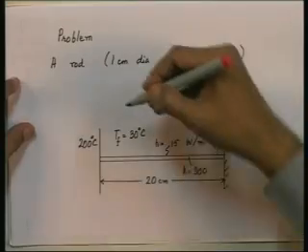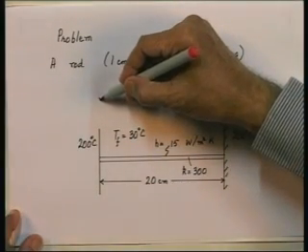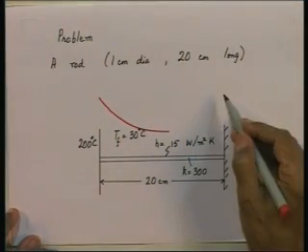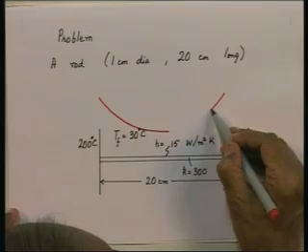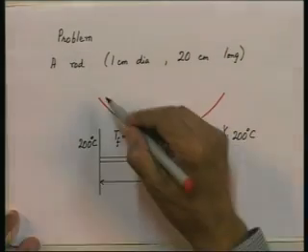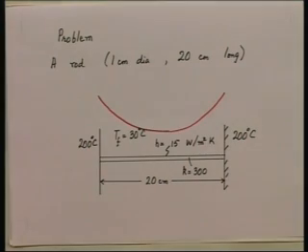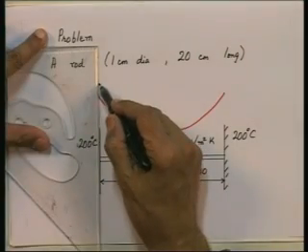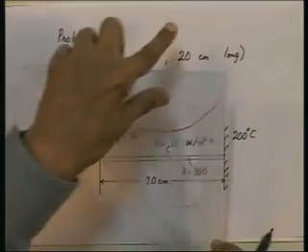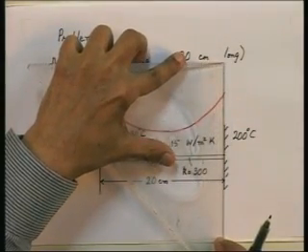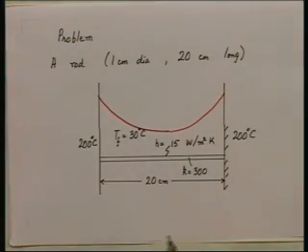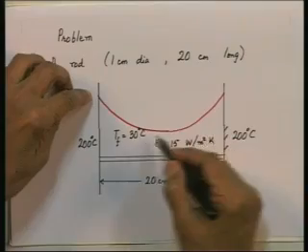So, you are going to get a temperature distribution which is going to go down, and then it is going to go up. That is the kind of temperature distribution you are going to get in this rod. The line drawn in red starts at 200, goes down and then goes up again to 200.